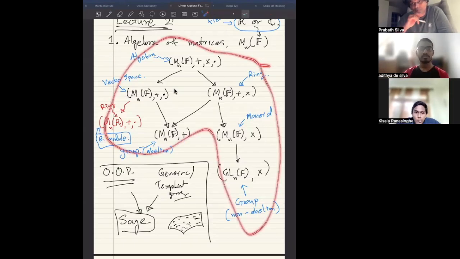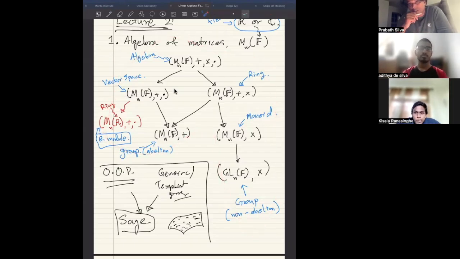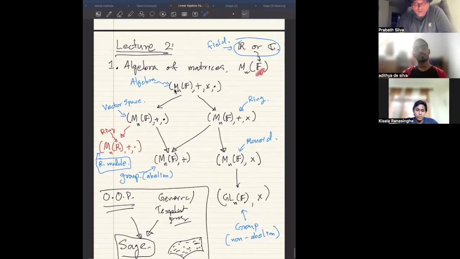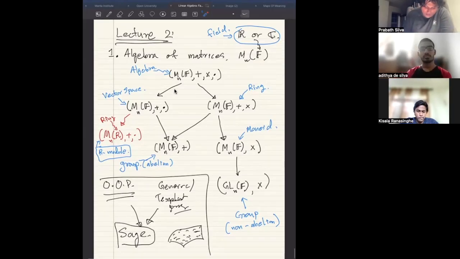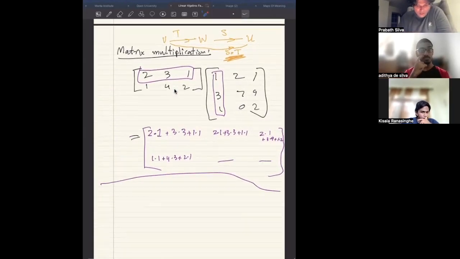Sage is a good thing to know. For example, you can do computations with different fields. Instead of this field, you can do finite fields and so on. Anyway, so that's that.